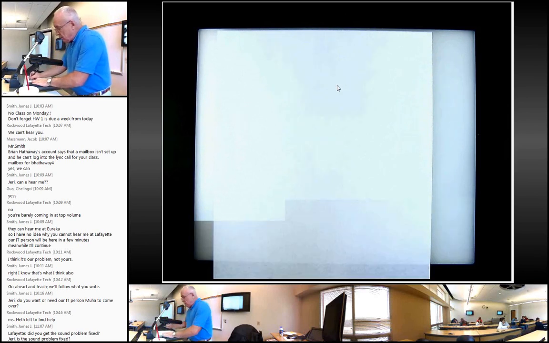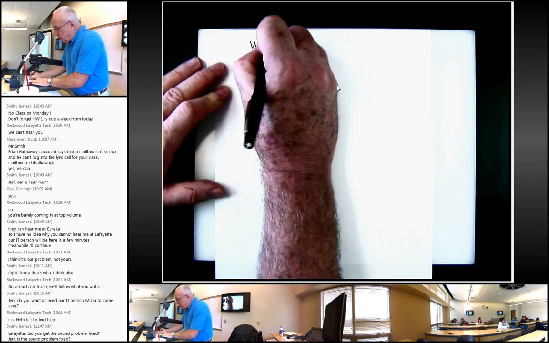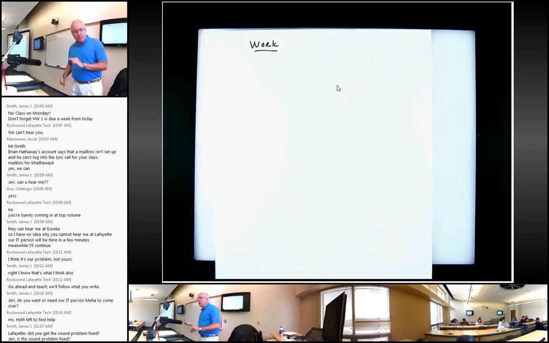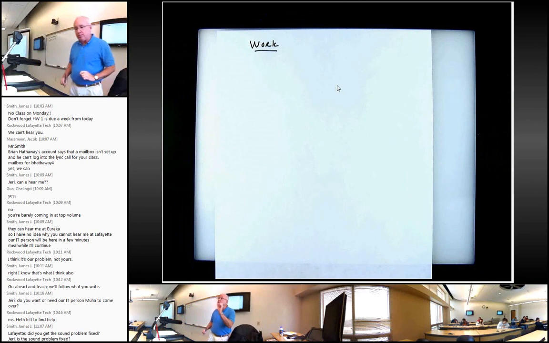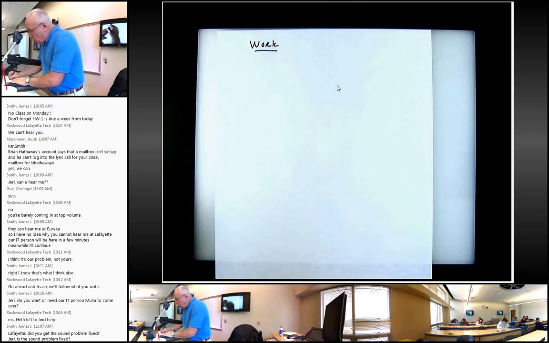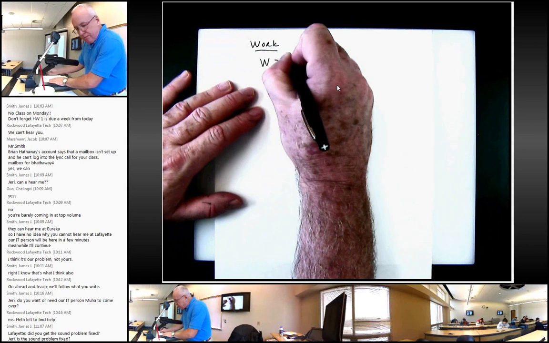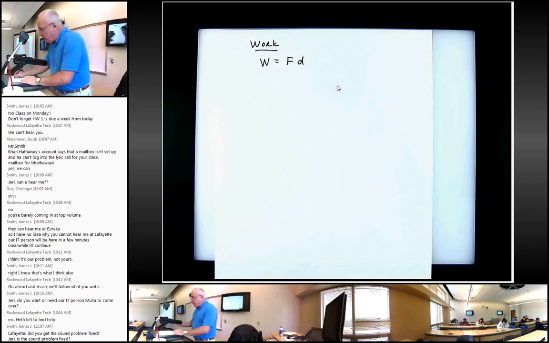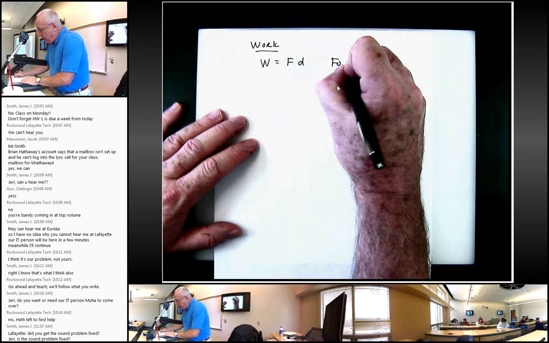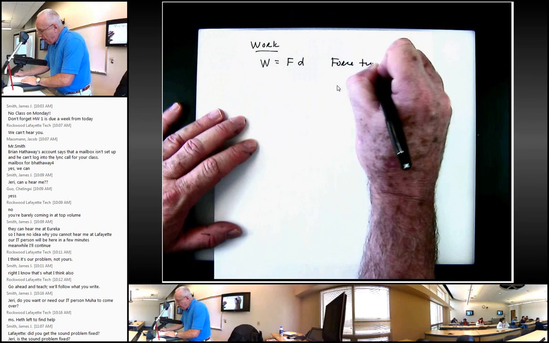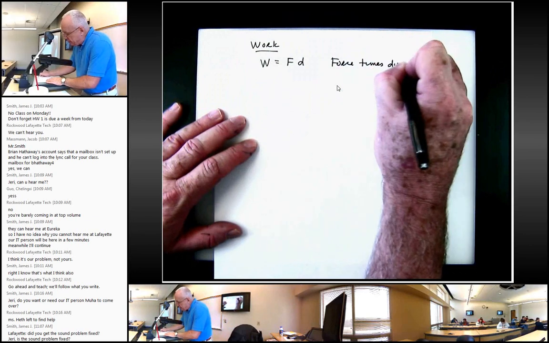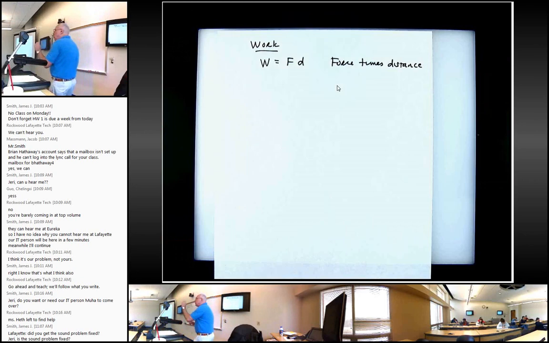This is going to be a really good application of the dot product. So work, W, is equal to force times the distance, but the thing is, it's only the component of the force vector that's moving in the direction of the distance that you're going.